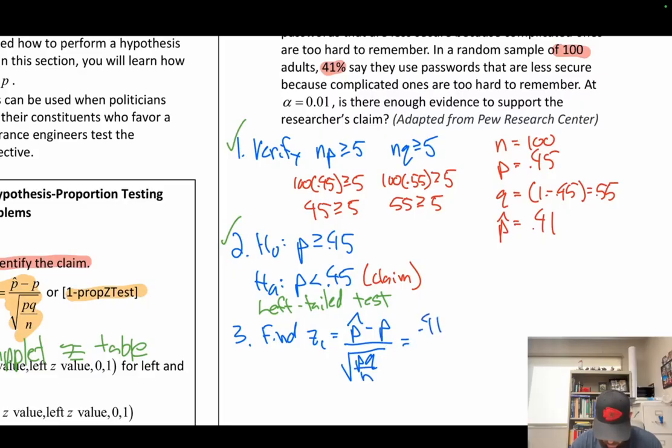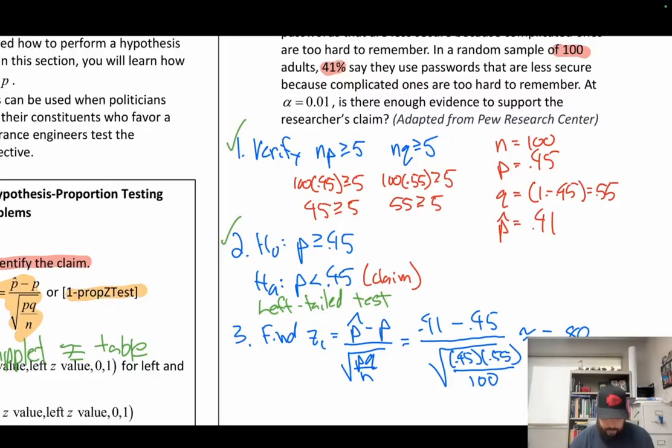So 0.41 minus 0.45 over the square root of 0.45 times 0.55 all over 100, and that is about equivalent to negative 0.80. So that works.